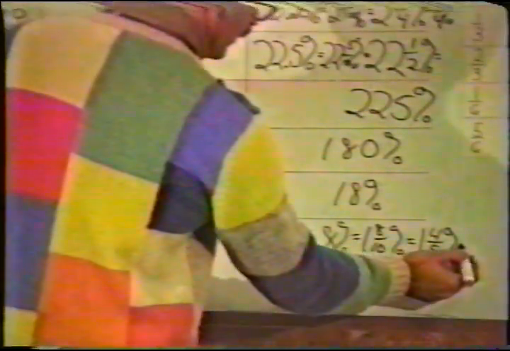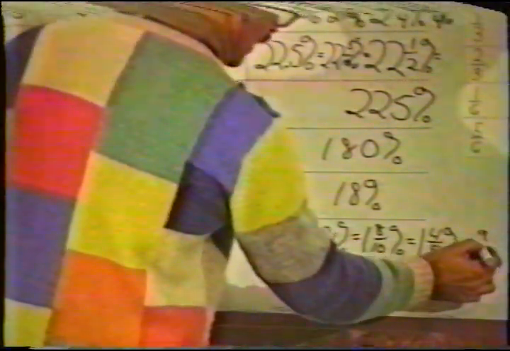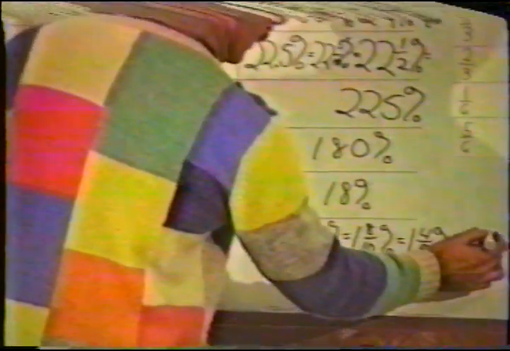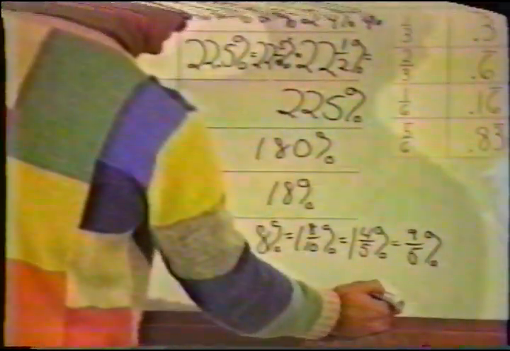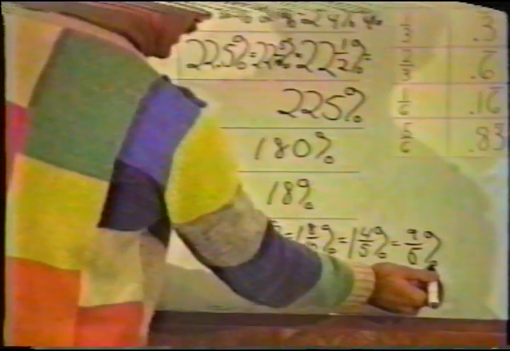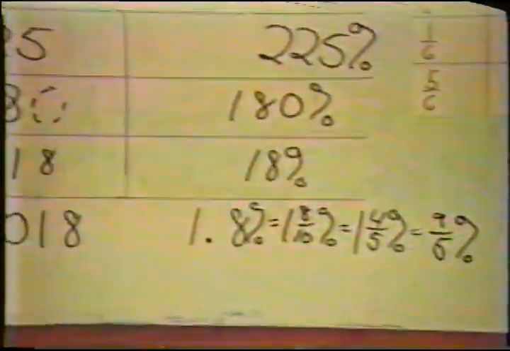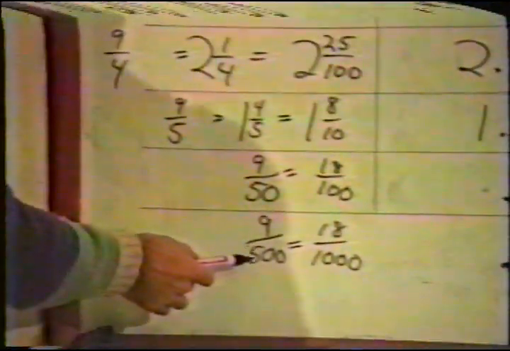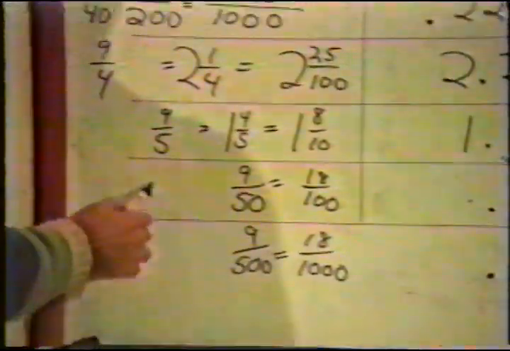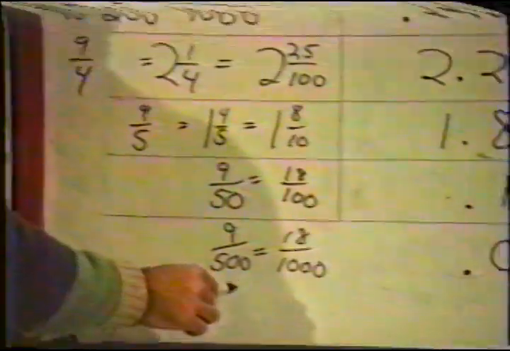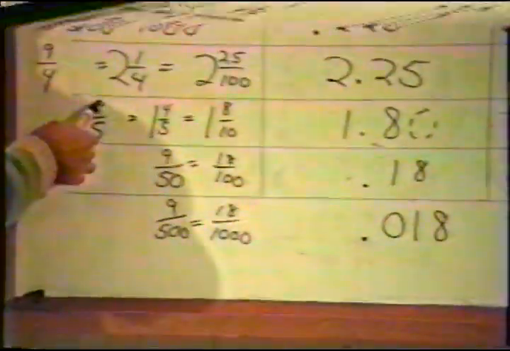Plus 4 is? 9. 9/5%. We can take away the percent sign and put 2 zeros on the bottom and come all the way over here to get 9/500.